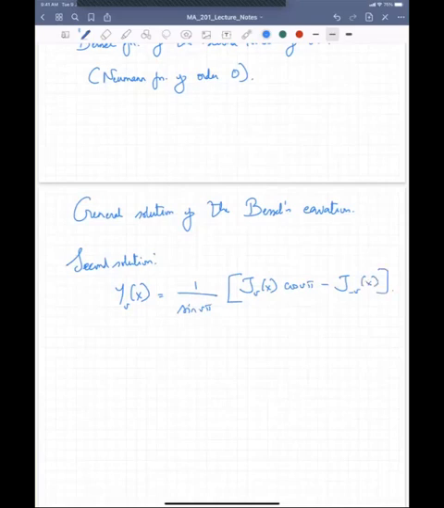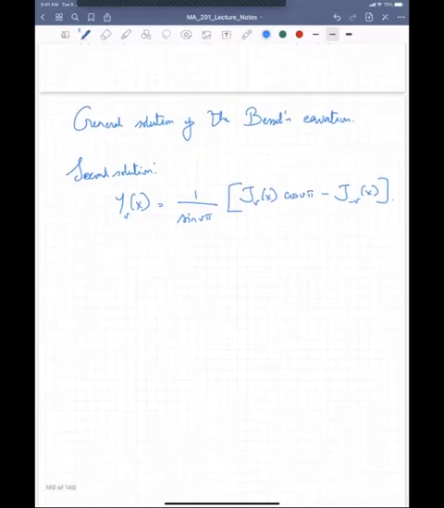Now you might wonder why we are writing it for nu, because for a non-integer, we already know two linearly independent solutions of the Bessel's equation. That is J nu and J minus nu. So basically, I'm writing the second solution as some linear combination of J nu and J minus nu.